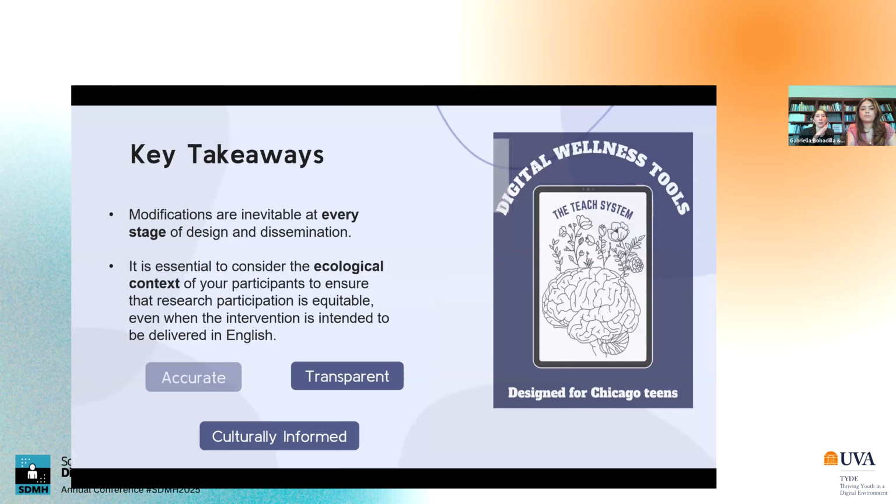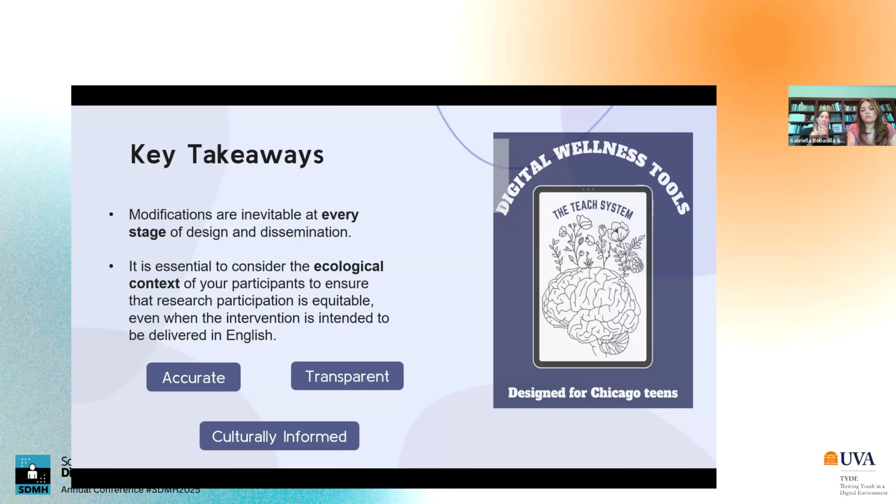So some key takeaways about the modifications for the Teach system is that modifications are inevitable at every stage of design and dissemination, and it is essential to consider the ecological context of your participants to ensure that participation is equitable, even when an intervention is intended to be delivered in English.